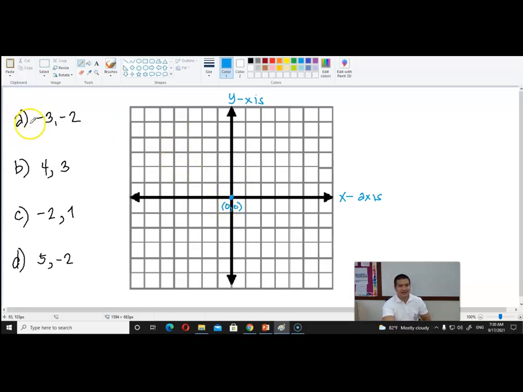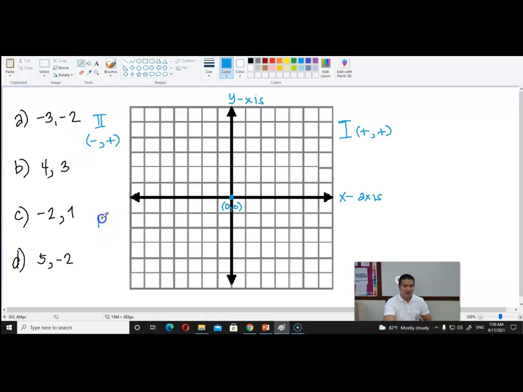Where can we find the value of A? Let's say this one now is quadrant number 1, where the value of x is positive and the value of y is positive. On the other side, we have quadrant number 2: the value of x is negative, the value of y is positive.